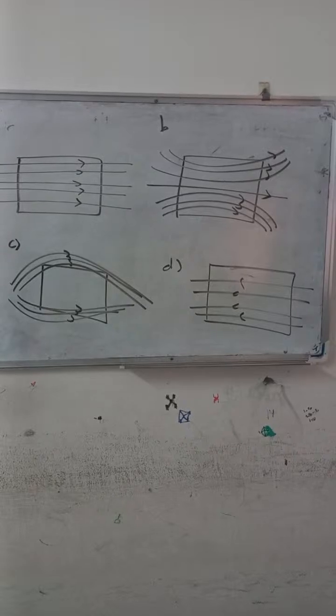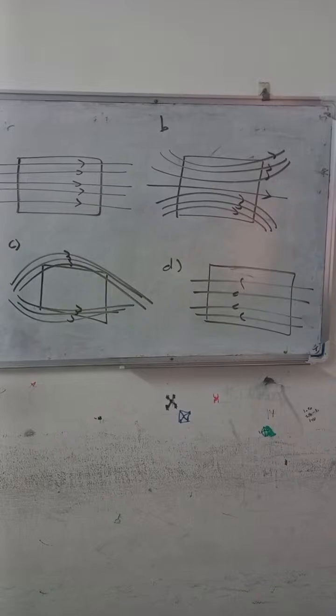So a uniform magnetic field exists in the space in the plane of paper and it is initially directed from left to right. When a bar of soft iron is placed in the field parallel to it, the lines of force passing through it will be represented by.